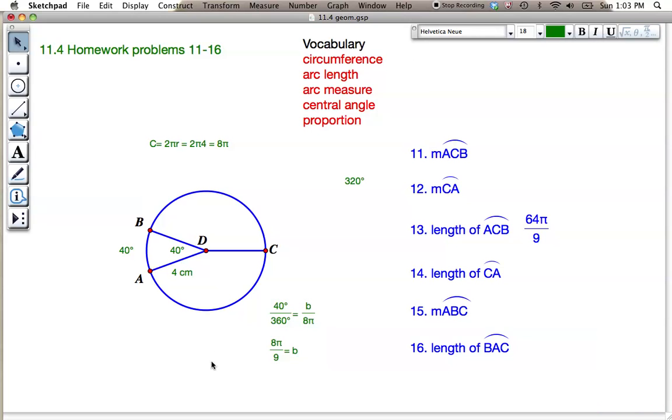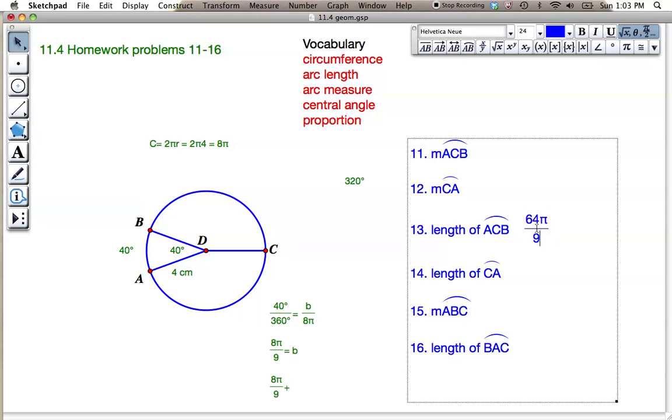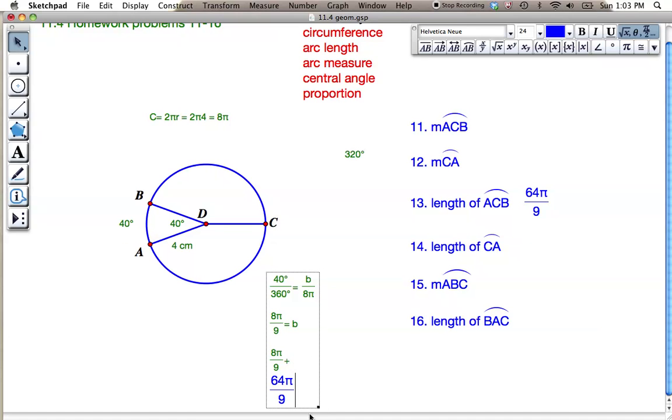But we are asked to find the arc length of BAC, which is just going to equal 8 pi over 9 plus 32 pi over 9, because AC is half of ACB.